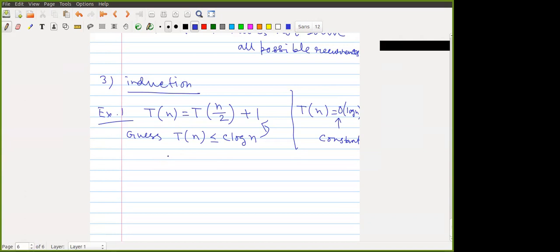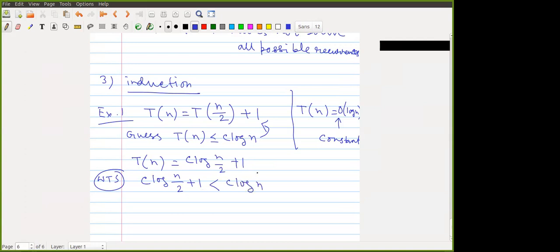So maybe we start proving this. If T of n is this, then it will be C log n by 2 plus 1, right? Now what we actually want to show, WTS means want to show, is that there exists a constant C such that C into log n by 2 plus 1 is less than or equal to C log n, right?